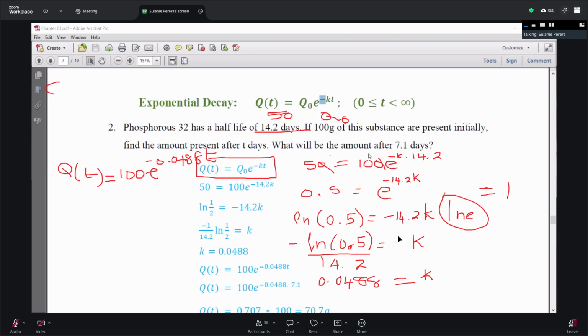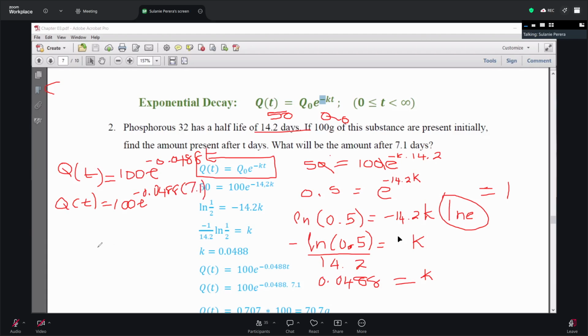So what will be the amount after 7.1 days? So they have given t. So you are asked to find Qt. So Qt equals 100 e to the minus 0.0488 and instead of t plug in 7.1.